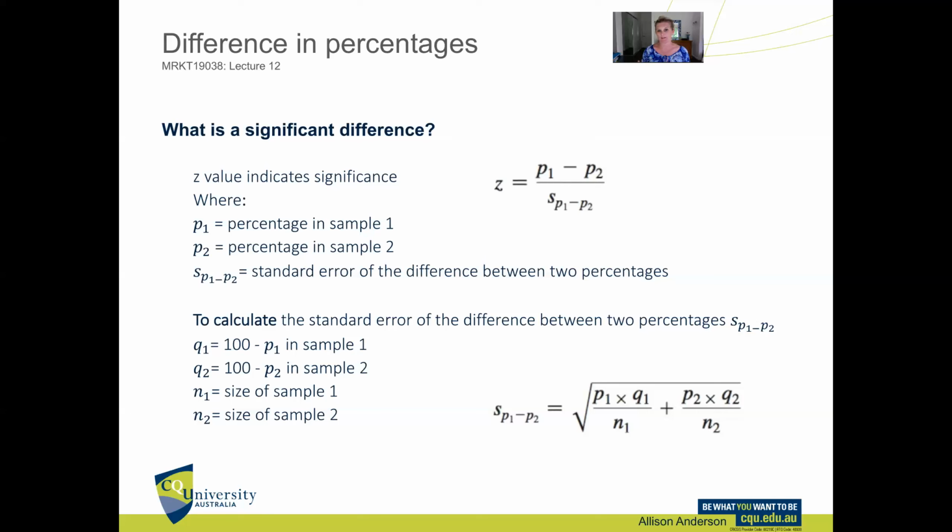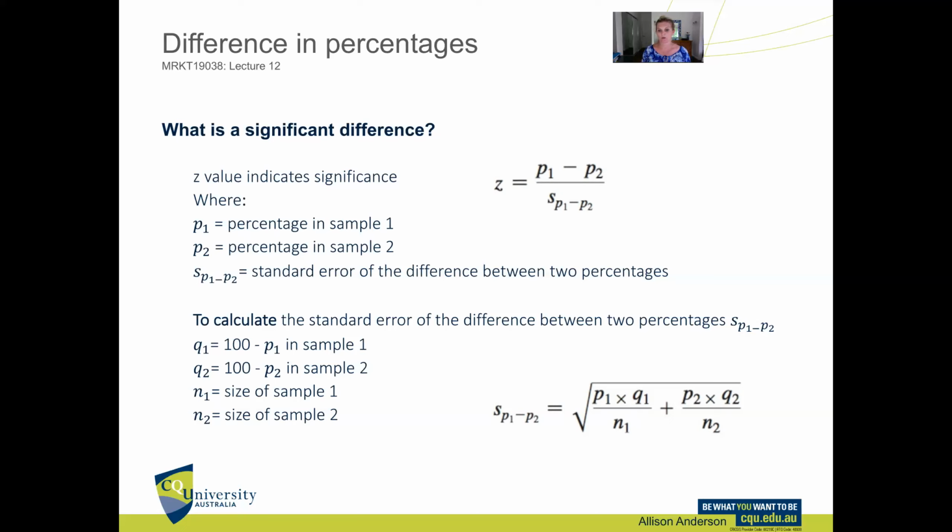So P1 minus P2, 60 minus 62, divided by the standard error of the difference between the two percentages. That's not as straightforward. You then need to do another calculation to calculate that, to feed into that formula.